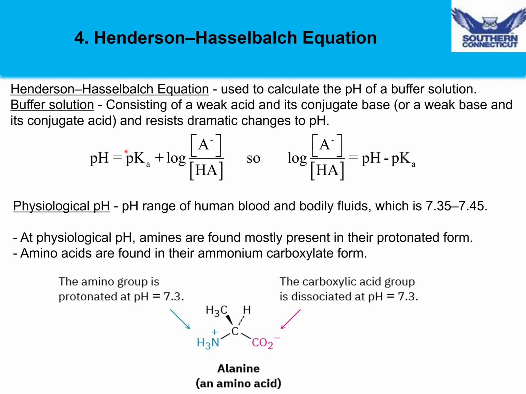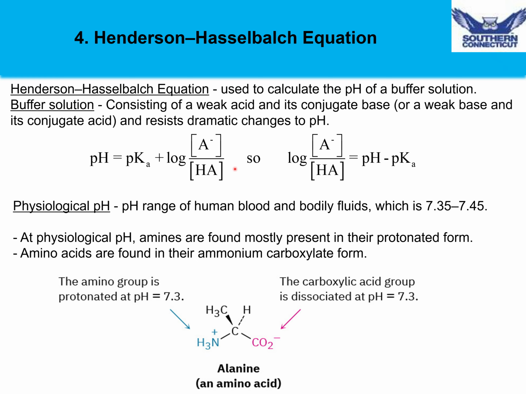The Henderson-Hasselbalch equation is as follows, where pH of the buffer solution is equal to the pKa of the acid in the solution plus the log of the concentration of the base over the concentration of the acid of the buffer solution.